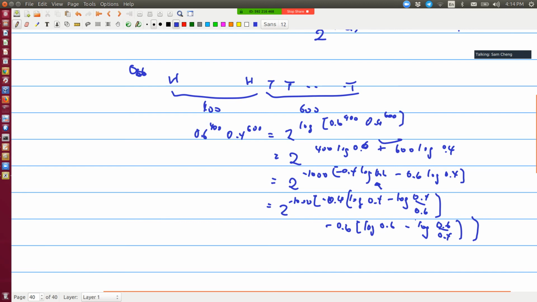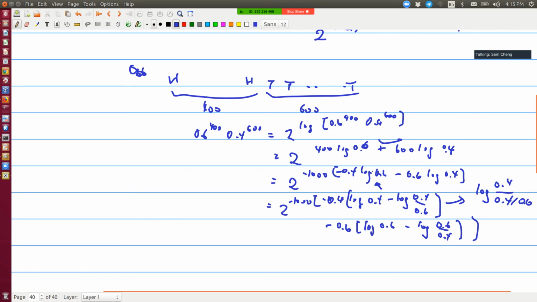How does it work? The 0.4 got cancelled. Log minus log something is equal to log of 0.4 over this guy, over 0.4 over 0.6, right? Yeah, that's right. So therefore it's not 0.6 here.